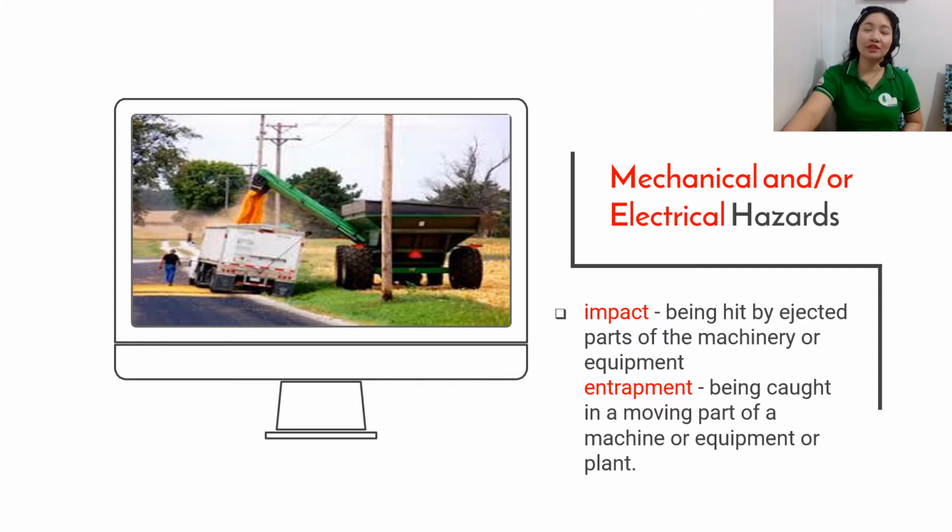We also have the term entanglement, for example, a loose sleeve getting caught in a moving part and throwing the person into the machine. It includes electricity, machinery, equipment, pressure vessels, dangerous goods, forklifts, and cranes and hoists. Those are some of the examples of mechanical or electrical hazards.